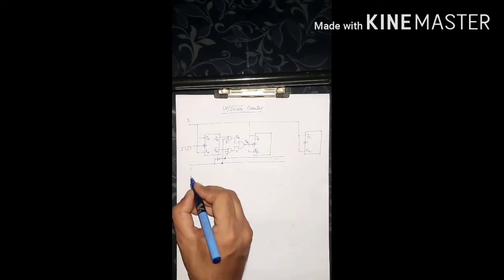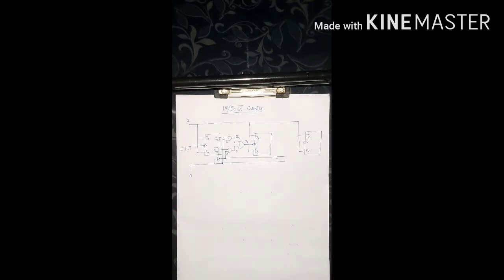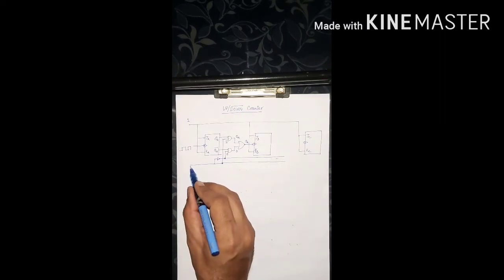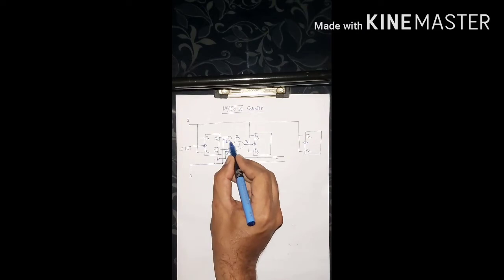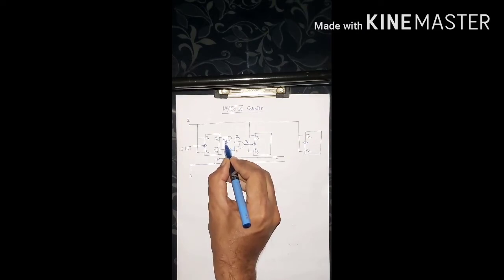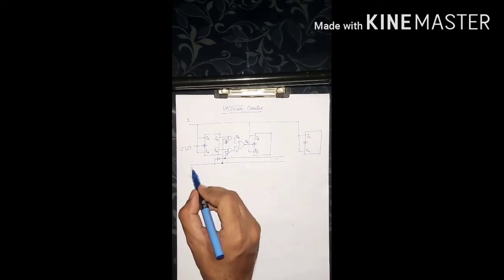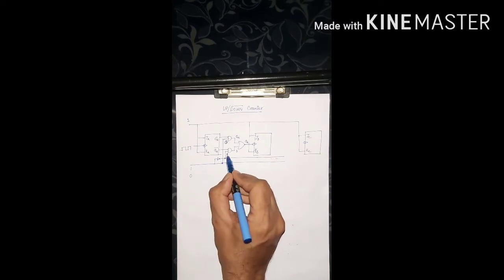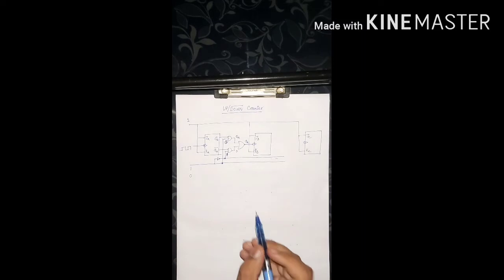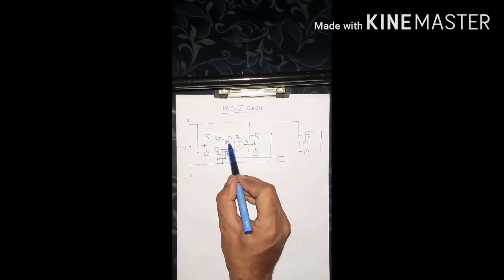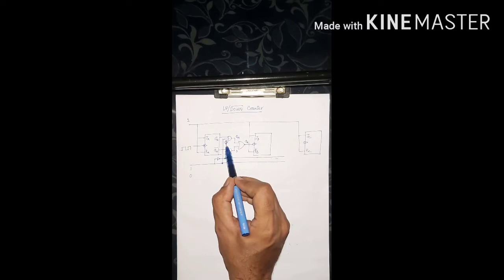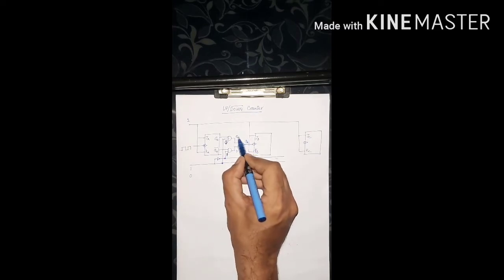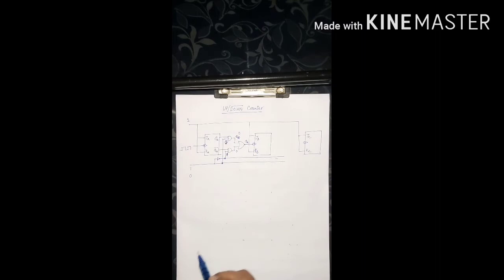And on the contrary, if we provide 0 here, then this 0 will be transmitted to this terminal, and this 0 will be negated and will be transmitted to this terminal. Now what happens? One input of this AND gate is 0, so its output will be 0 constantly.